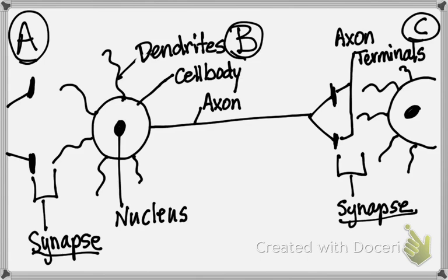So how would neuron A be able to signal neuron B? Energy, in a way. It's by the release of chemicals. So that's why we call this electrochemical. There are chemicals that get released out of the axon terminals from neuron A, and those chemicals are called neurotransmitters.